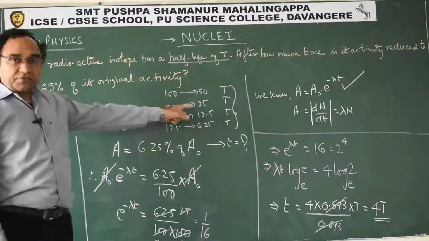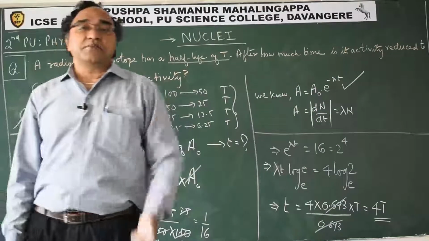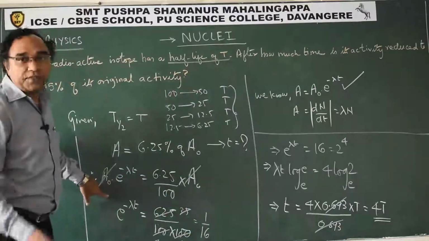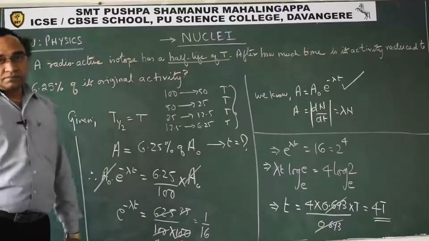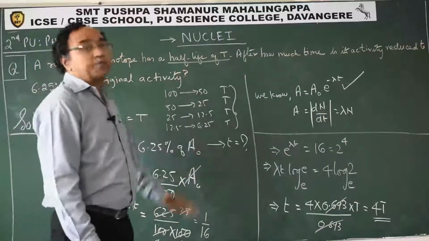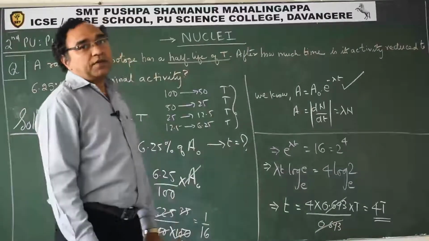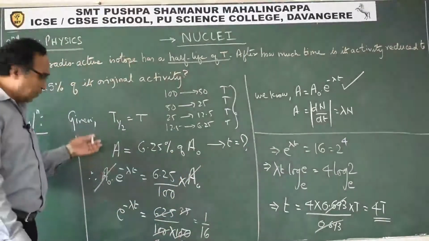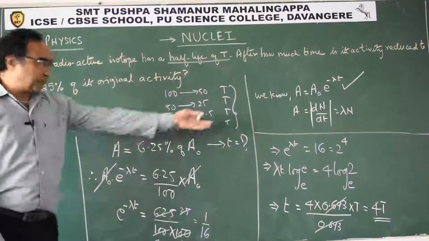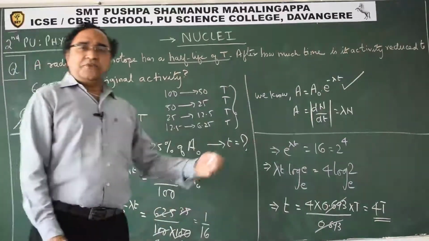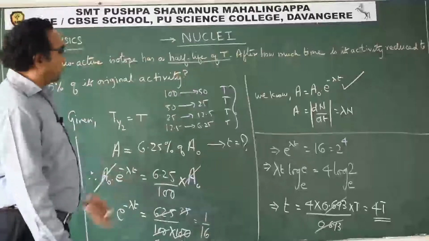This is one way. This is what I will do in the entrance exam. This is what you are asked to do in the board exam. Because if you do it like this, possibly in the board exam you will not get full marks. It is possible, but then you have to show the steps. So feel free to write and show the steps.